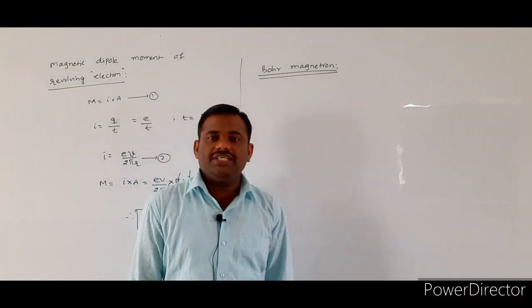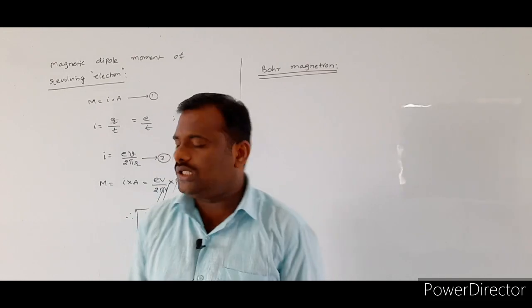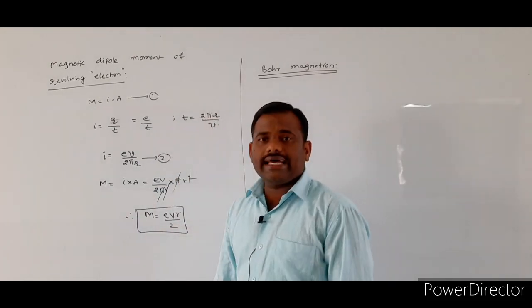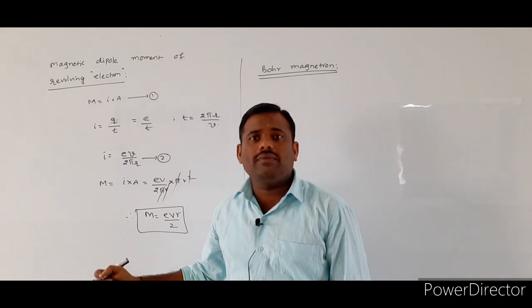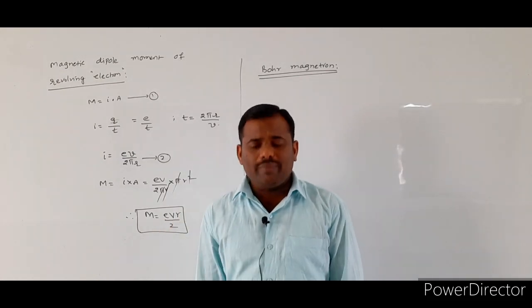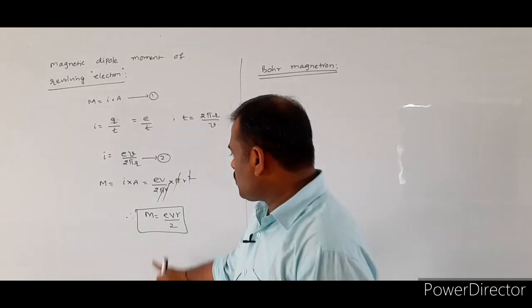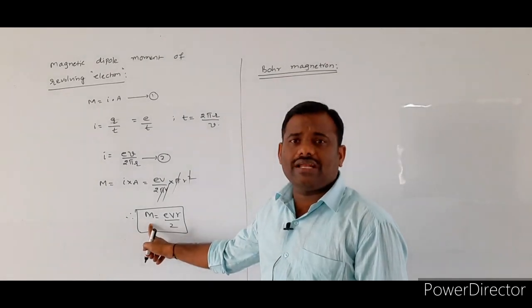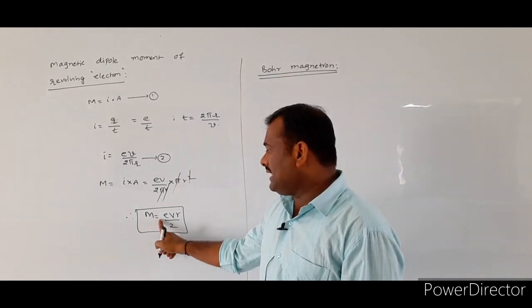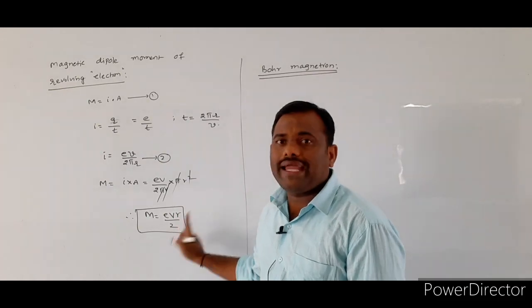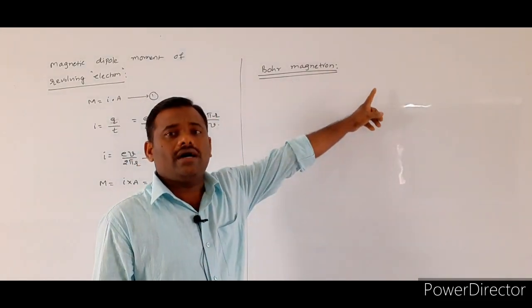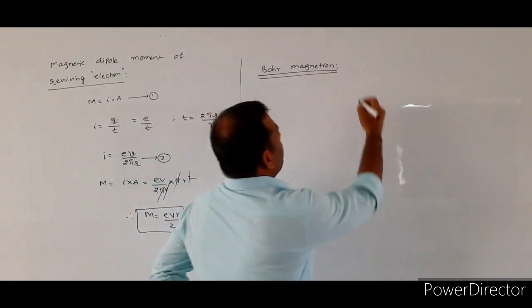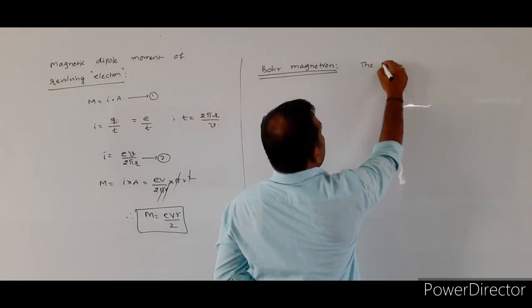The next definition is Bohr magnetron. Just now we derived the expression for the magnetic momentum of the revolving electron. So the general formula is capital M is equal to EVR by 2. Now how can we define Bohr magnetron?